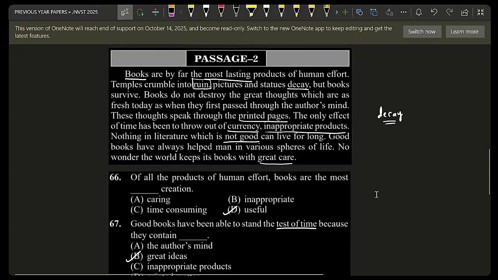Sir, literature. Your voice is getting broken. Can you say it loudly once again? Sir, literature. Yes, literature you're asking. Literature, where it is here.